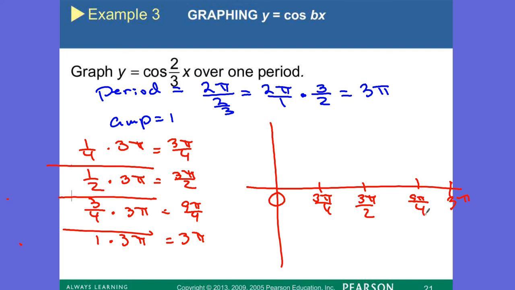Now, what is my amplitude? Amplitude is 1, right? So it goes up to 1 and it goes down to negative 1. Now, unit circle, please. Is that first increment 3 pi over 4? Yeah, because it's 3 pi times 1/4.